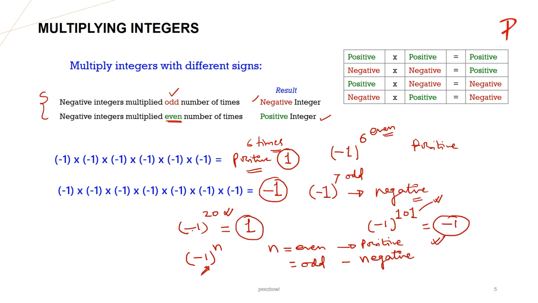So any negative integer having a power of odd number will result in a negative integer, right? And any negative integer having a power of even number will have a result of positive integer. After solving it, you will get a positive integer, right? So hope this concept is clear to you.